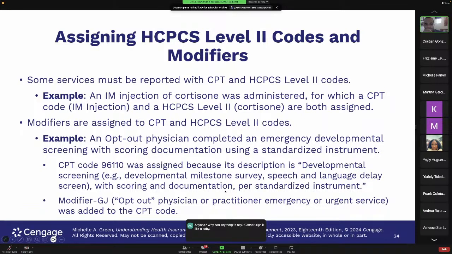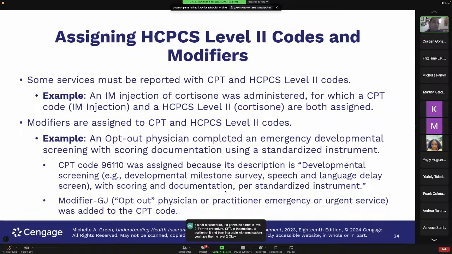Okay, so simple. We give you the injection. The actual giving you the injection is a procedure. The medication itself, the amount of medication, is not a procedure. It's going to be a HCPCS level 2. So the procedure, CPT, in the medical portion of it, and then in a table with medications, you have the level 2.